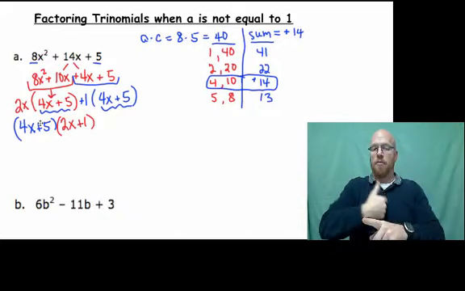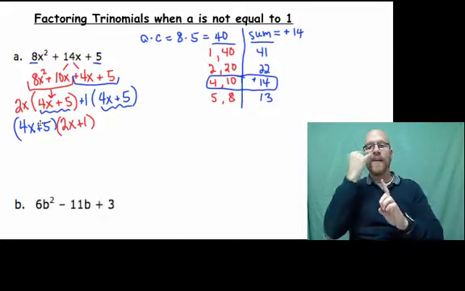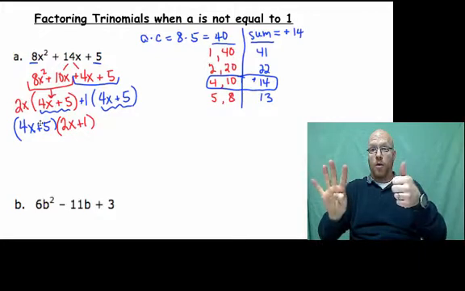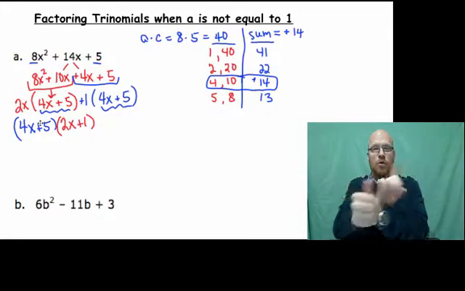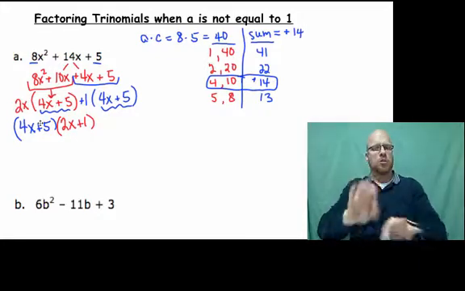We can multiply through the binomials and check our answer. But right now we're going to do something different. I'm going to reverse the 10x and 4x and just show you how it works.